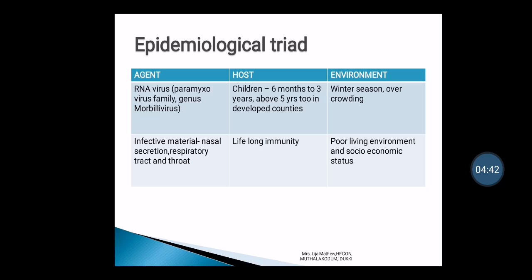So we cannot say very clearly that it is found only among small children. It can happen even above 5 years in the developed countries. The incidence rate in both genders is the same, equally affecting male and female. Once it occurs, it gives lifelong immunity to the host, which you can highlight in the host factors.